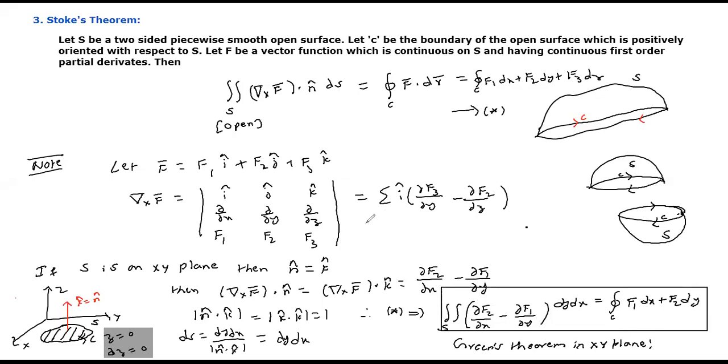Now from this I can write down two more versions of Green's theorem, because here you got Green's theorem like this. I assumed the surface is on the xy plane, but the surface can be on the xz plane or the surface can be on the yz plane, right? So if the surface is in the xy plane, instead of writing Green's theorem like this, I can write Green's theorem like this: curl f bar dot k bar. With this, we're going to write down three versions of Green's theorem.